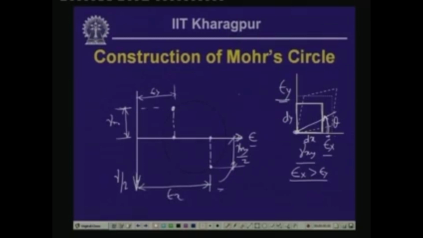Now, if we join these 2 points, it crosses the epsilon axis at this particular point, and this is the diameter of the Mohr circle and this is the center of the Mohr circle. Now, with this, if we plot the circle, we get the Mohr circle of strain.